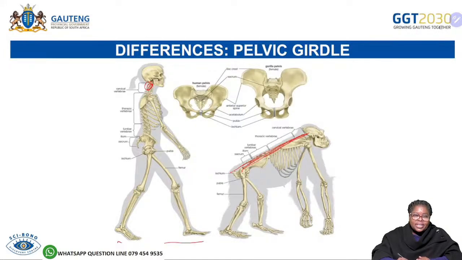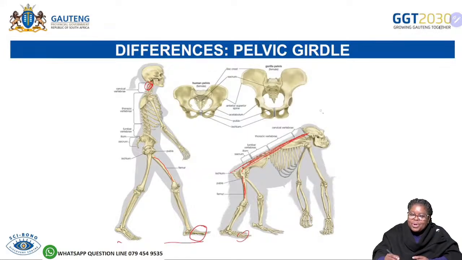Now let's check, for argument's sake, we're looking at the bone structures or types of bones. Remember we did that in grade 10 when we were doing the skeleton. Look at the differences or the similarities. We both have got the long bone, the femur. Even this gorilla or other primates, they've got a long bone. We've got phalanges, they've got phalanges, right? But then what makes us different from these other primates in terms of the pelvic girdle?